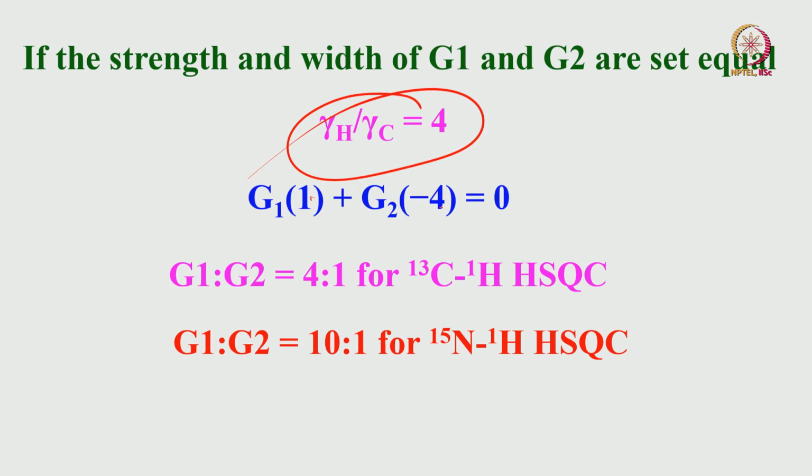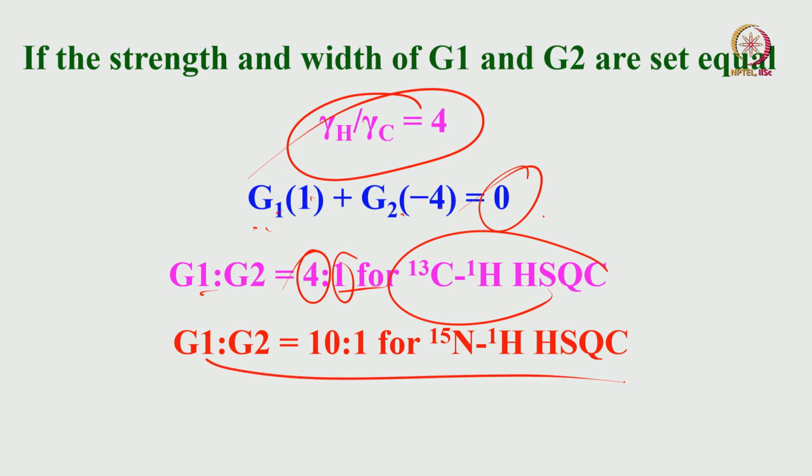Now to maintain the ratio of G1 and G2 for carbon-13, it is 1:4. If I make it 1:4, this becomes 0. G1 should be 4 times, this is 1, then it will become 0. So proton should be 1 times gamma, and the gradient pulse for carbon should be 4 times. Same way for nitrogen-15.